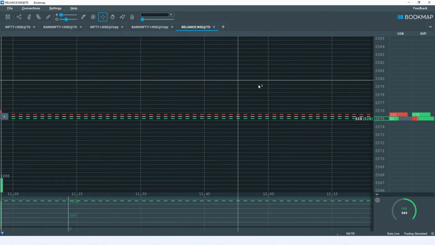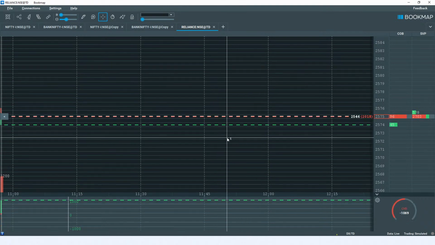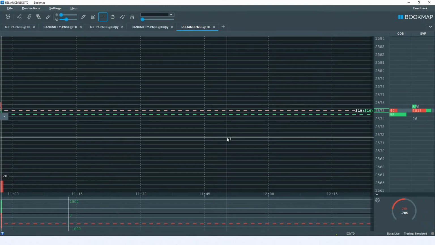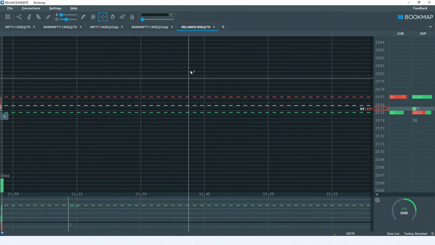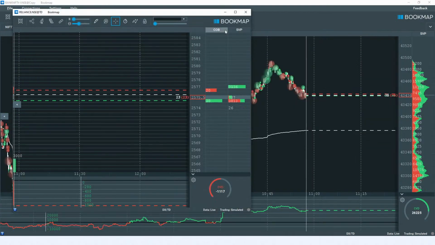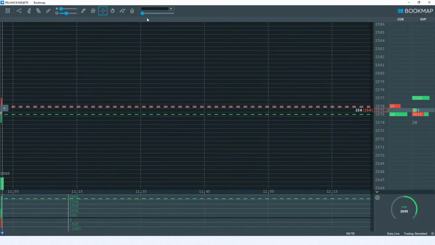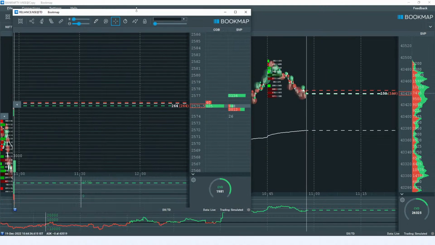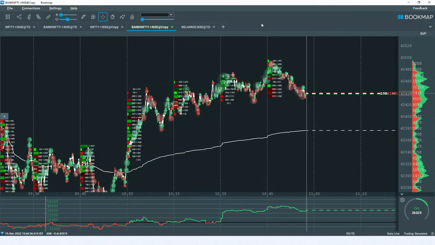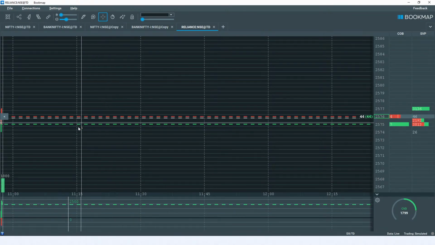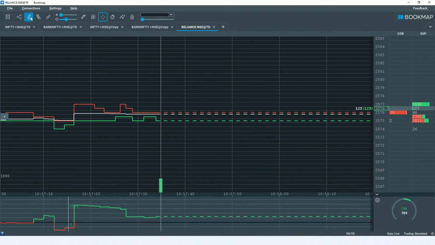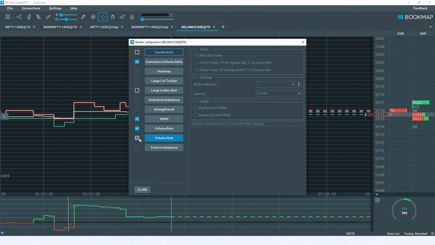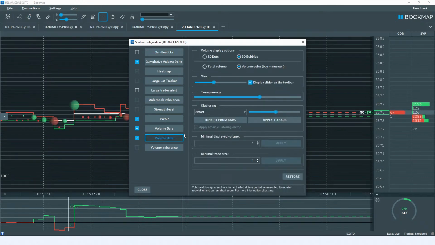So it takes time to load. I had disabled volume dots, but now it has enabled volume dots and other information.